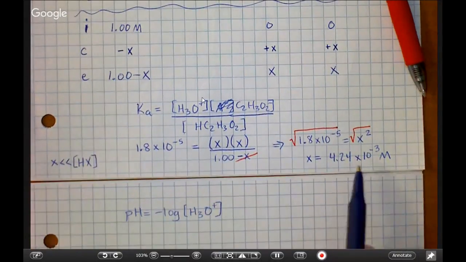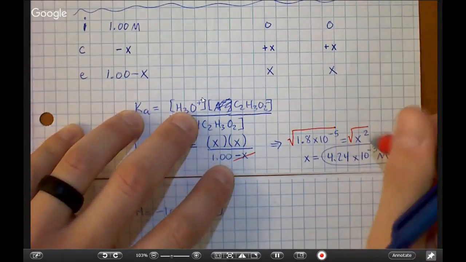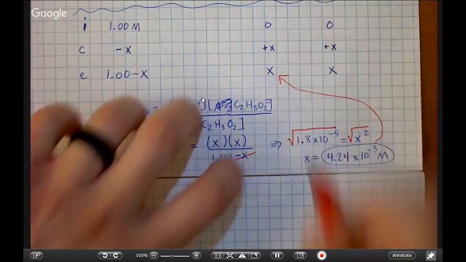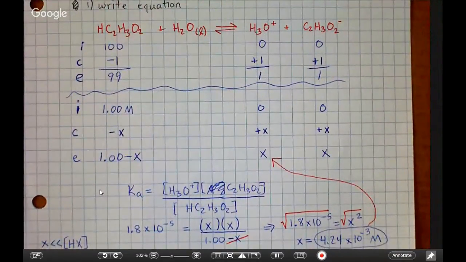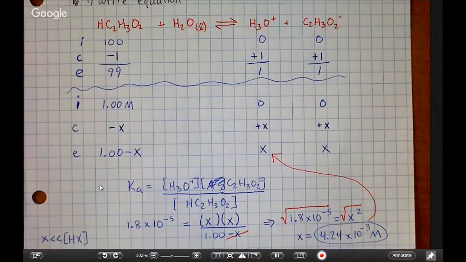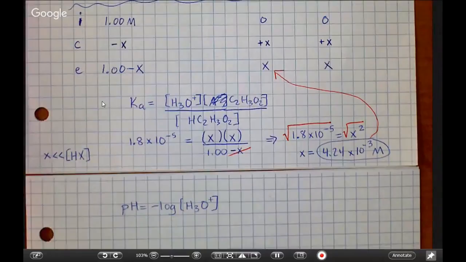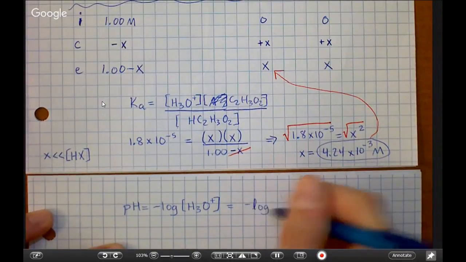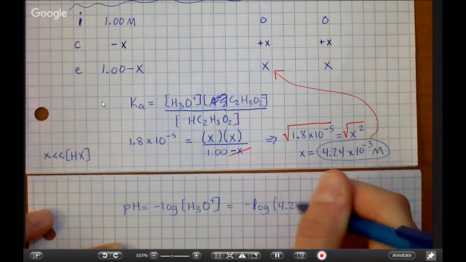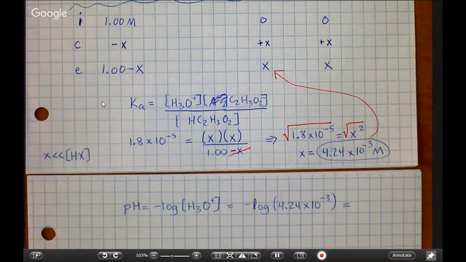What you guys just found with this X here was the X right there, which is hydronium. So by doing all that work, we found what our hydronium concentration is at equilibrium. So we can plug that into our equation here and say the negative log of the 4.24 times 10 to the minus 3. What does that come out to be?